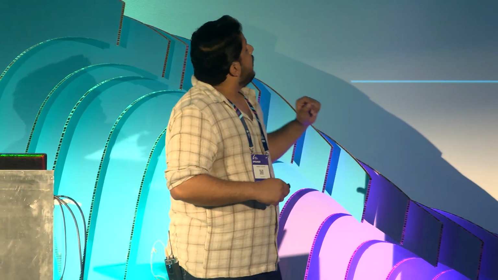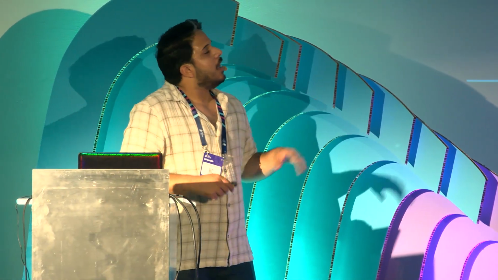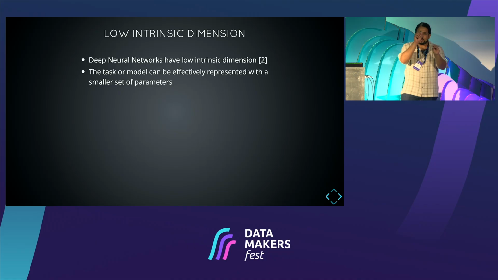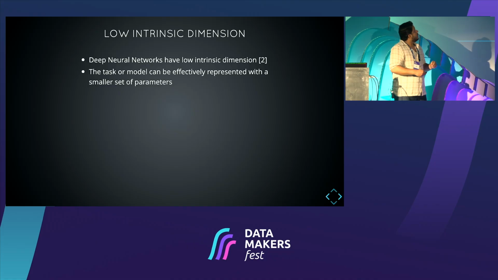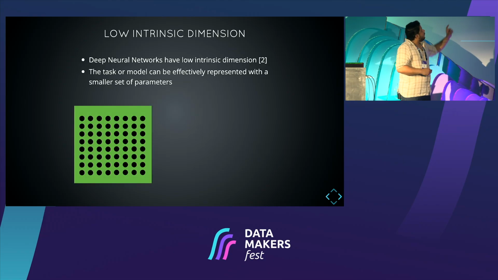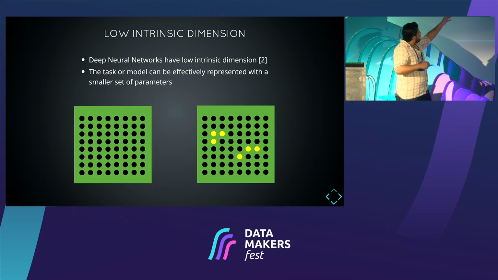That means that only a small set of parameters is used in the process of fine-tuning. Once the model is pre-trained, only a small set of parameters are actually effective. All the other parameters can sort of be ignored. What that means is that if you have a matrix, only a small set of parameters will be useful, and everything else you can get rid of.